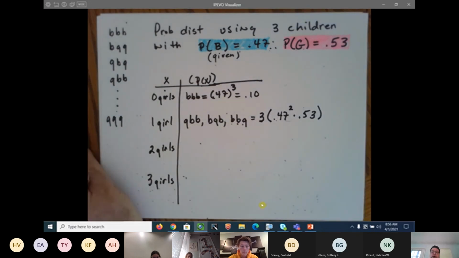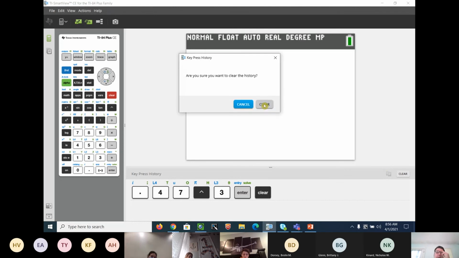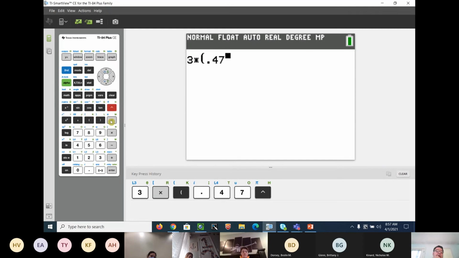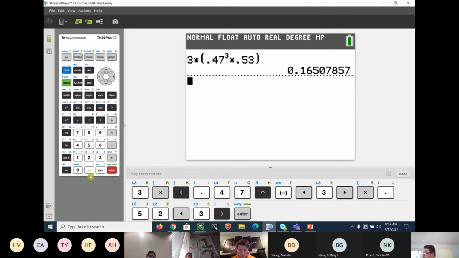So I'm going to take my calculator and that's going to be 3 times, parentheses, 0.47 to the 3rd power, oops, times 0.53, and close parentheses. 0.17.